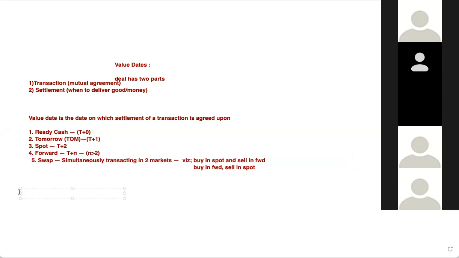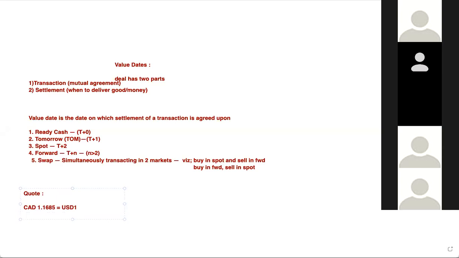Okay? Now when I say quote, I will say EUR 1.1685 is equal to USD 1. Okay?